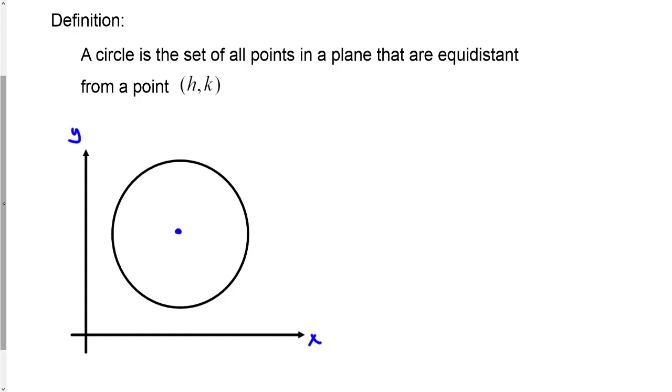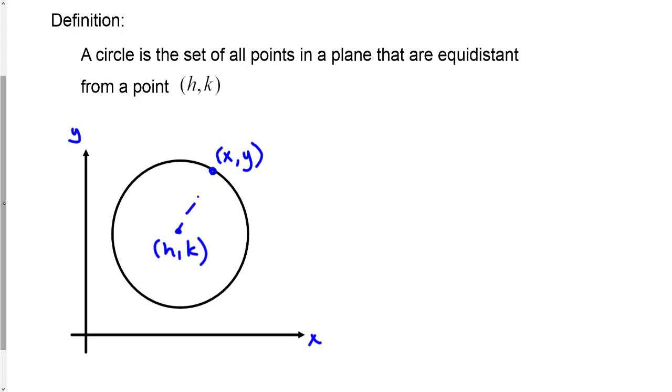This point right here, right in the center, that's the coordinates given as hk. So the center of the circle is hk. And what this means is that any point that I pick on the circle itself, I could give the coordinates xy. The distance between hk and xy stays the same all the way around.